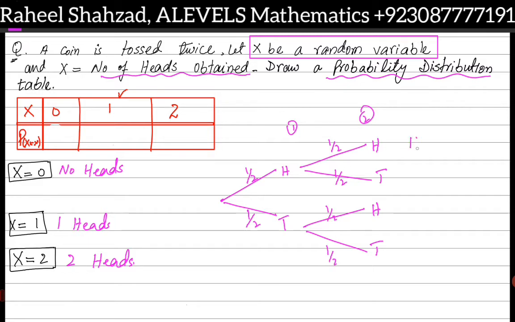What are my possible outcomes? Heads, tails, that is equal to 1 by 2 into 1 by 2, that is equal to 1 by 4. Similarly, heads and heads, and heads and tail, it is 1 by 2 into 1 by 2, head and tail.